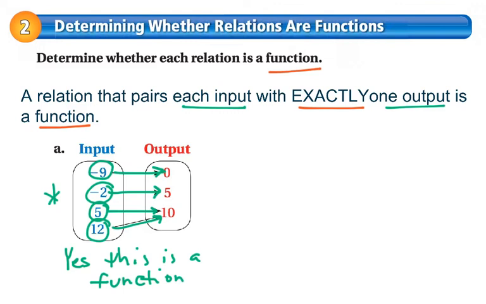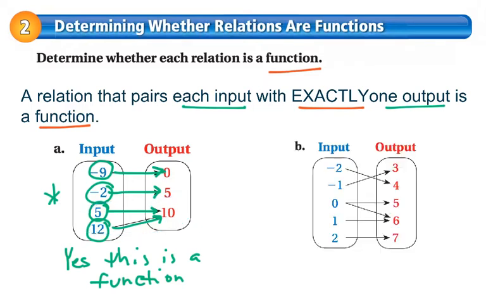Now, I'm sure some of us are a little bit confused right over here because the 5 and the 12 both match with the same output. So let's take a look at part B to help clarify why it's okay in part A. So in part B, again, we're going to match inputs with outputs. Starting at the top, -2 only matches with one other number. -1 only matches with another number.